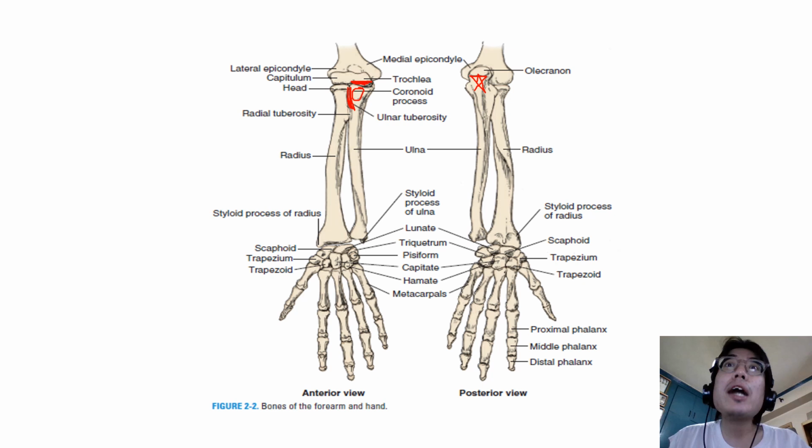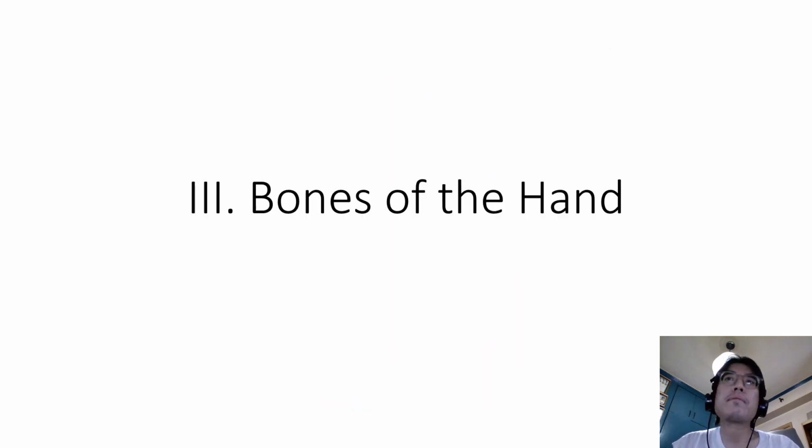The radial notch, moving now more inferiorly, accommodates the head of the radius at the proximal radio-ulnar joint. The head of the ulna is actually the distal end, and it articulates with the articular disc of the distal radio-ulnar joint, and it also has a styloid process.